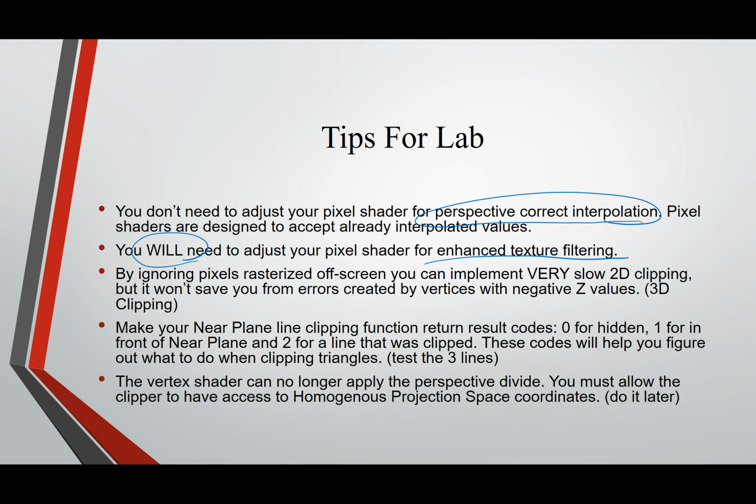That keeps the code very clean. That doesn't require a huge amount of adjustment. Though, you will want to send in a Z value to your pixel shader now, because especially if you do the naive mip mapping, you need to know how deep that pixel is into the screen so you can choose the appropriate level of the texture. So that's something you have to keep in mind.